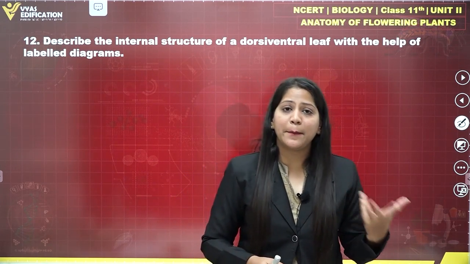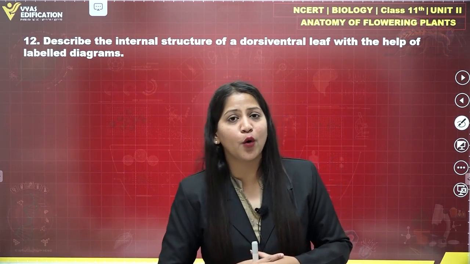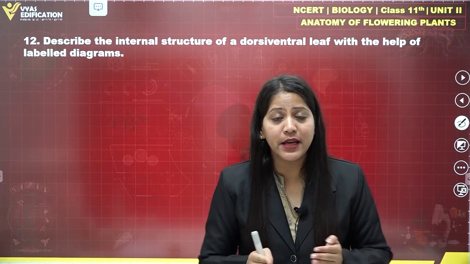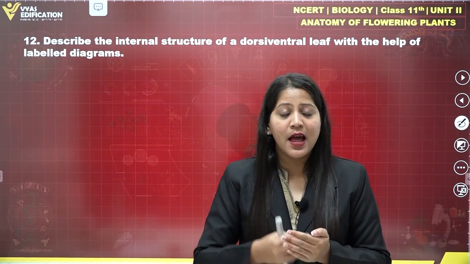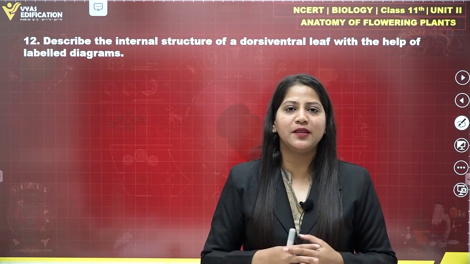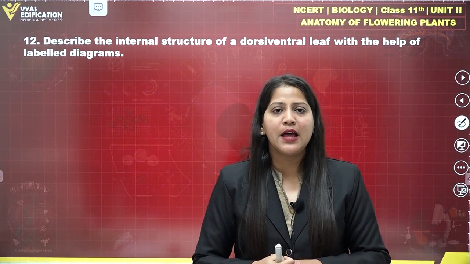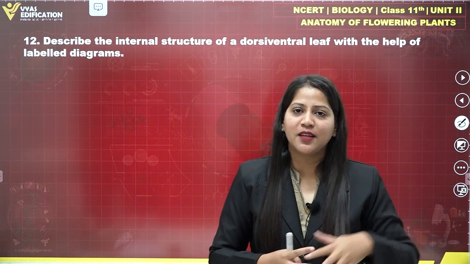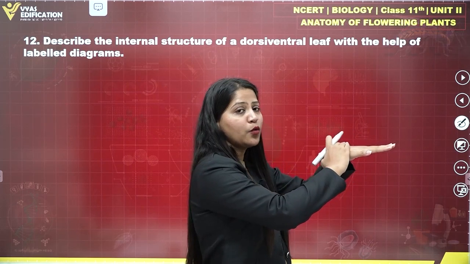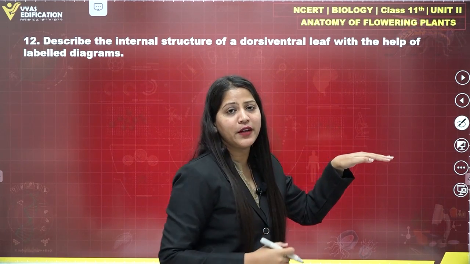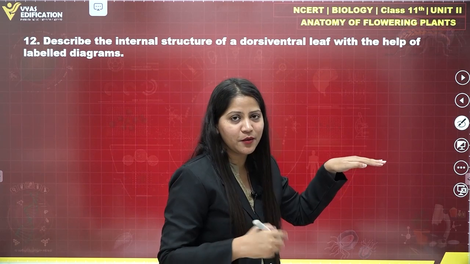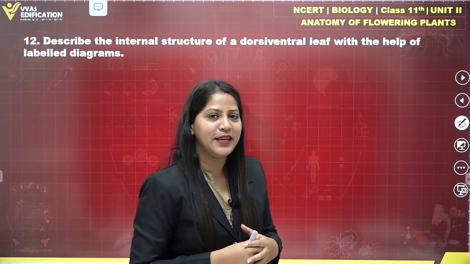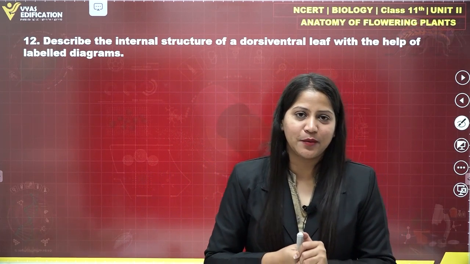If we talk about the epidermal layers of a dorsiventral leaf, the outermost covering of these leaves is the epidermis, and we have two types: adaxial epidermis and abaxial epidermis. Suppose this is a leaf; the upper covering is known as adaxial epidermis, whereas the lower covering is known as abaxial epidermis.